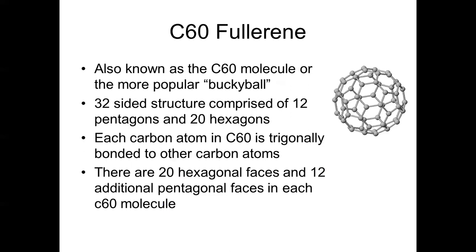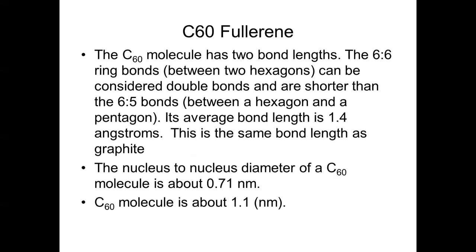Each carbon atom in the C60 is trigonally bonded to other carbon atoms. There are 20 hexagonal faces and 12 pentagon faces in each C60 molecule. The C60 molecule has 2 bond lengths. The 6-to-6 bonds between 2 hexagons can be considered double bonds, and they're shorter than the 6-to-5 bonds between the hexagon and the pentagon.